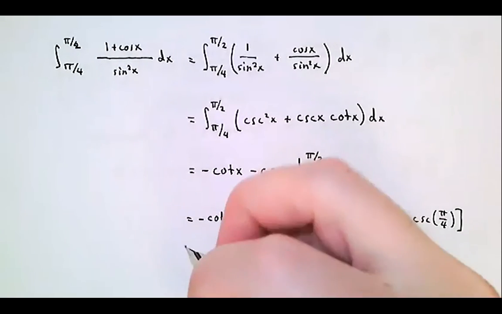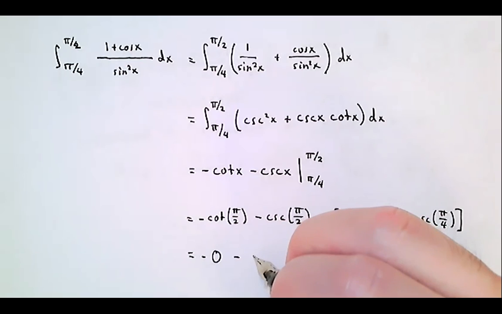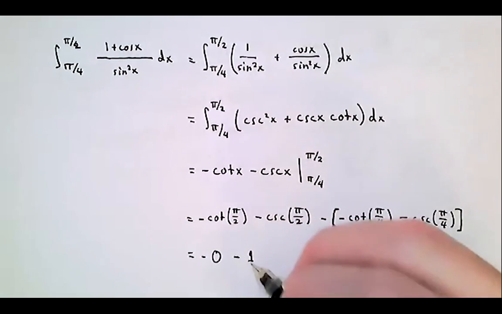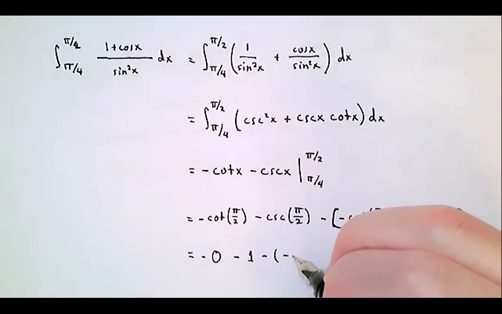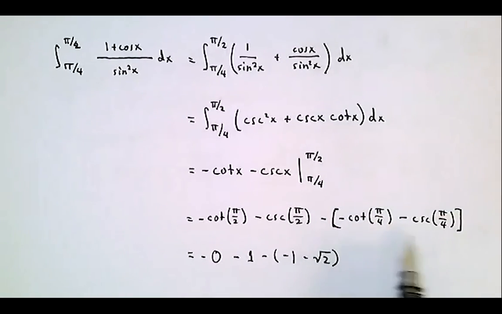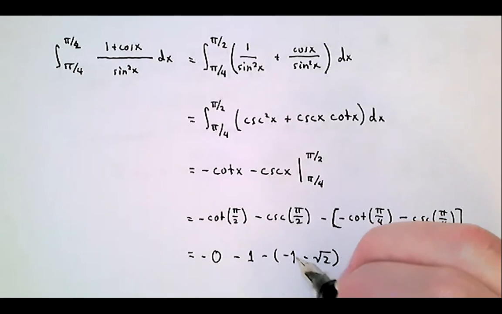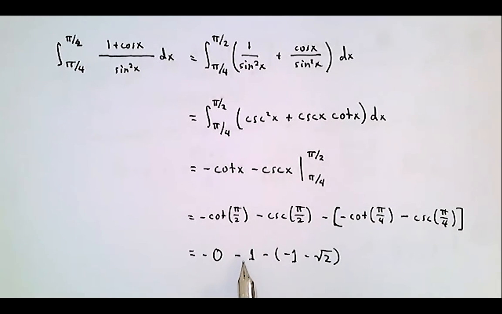What we'll get here is a minus 0, minus 1, and then our minus sign, and inside the parentheses, we'll pick up a minus 1 and a minus square root 2 from these two. So definitely look those values up if you're not familiar with them. But here, the minus 1 will cancel off with this negative 1 or plus 1.